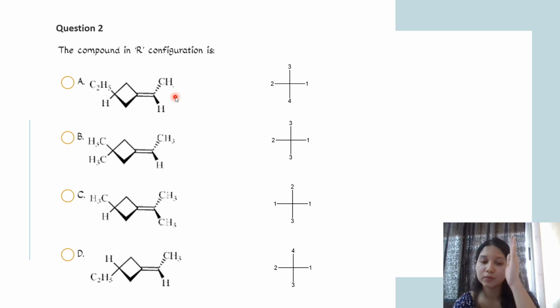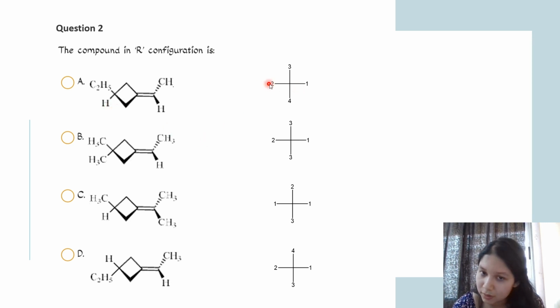If we look at the vertical plane, we have two substituents now, ethyl and hydrogen. Of these two, one will be above and one will be below in the vertical plane. Between these two, following the atomic number rule, this will be given higher priority and this will be given lower priority.